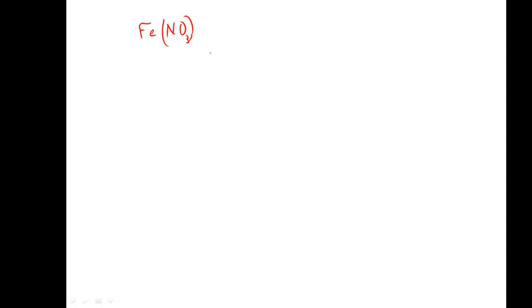We need to know, in order to know what the formula actually is, that this is iron 3 nitrate, and then this would be a 3 right here. So once again, we have to be sure we include the Roman numeral to tell us the charge of the cation, and that we use parentheses around the polyatomic ion if there are more than one of those ions present.